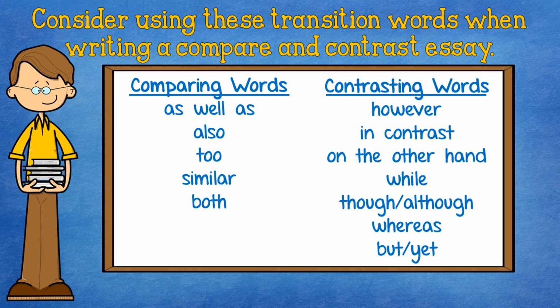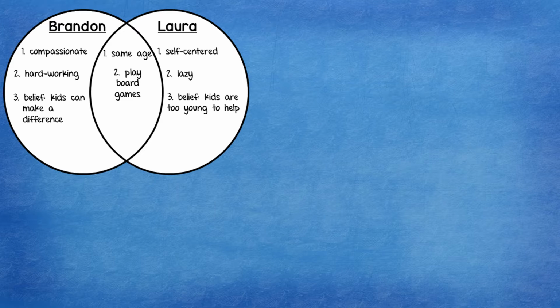Comparing words can be as well as, also, to, similar, both. Contrasting words can be however, in contrast, on the other hand, while, though, although, whereas, but, or yet.